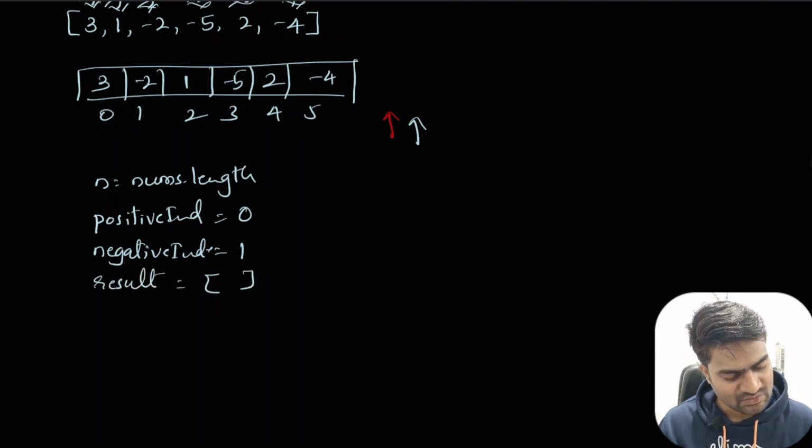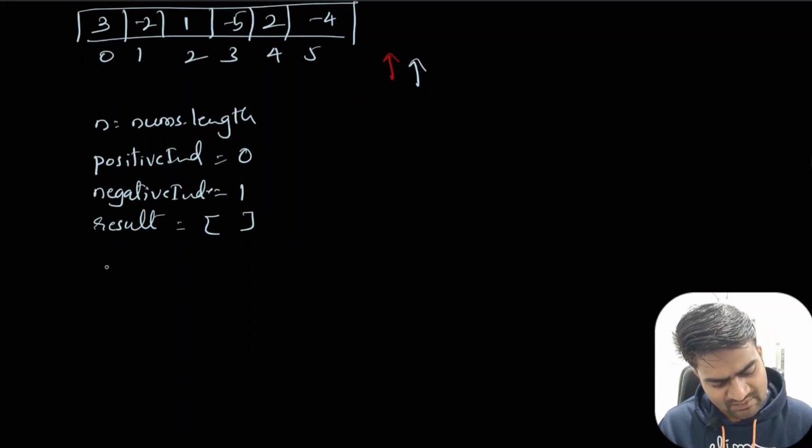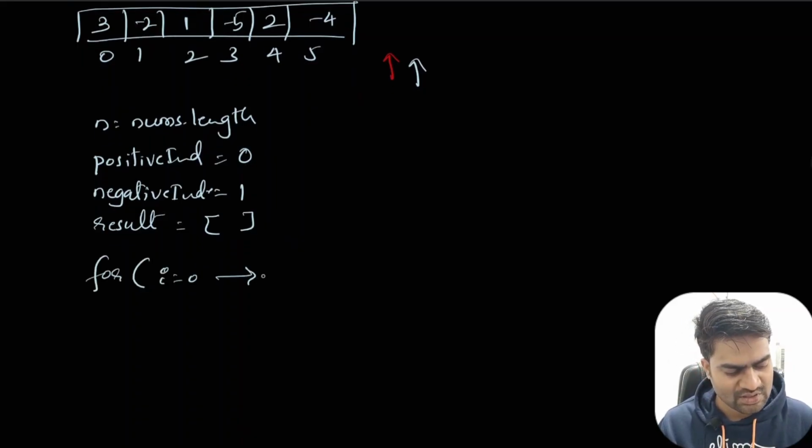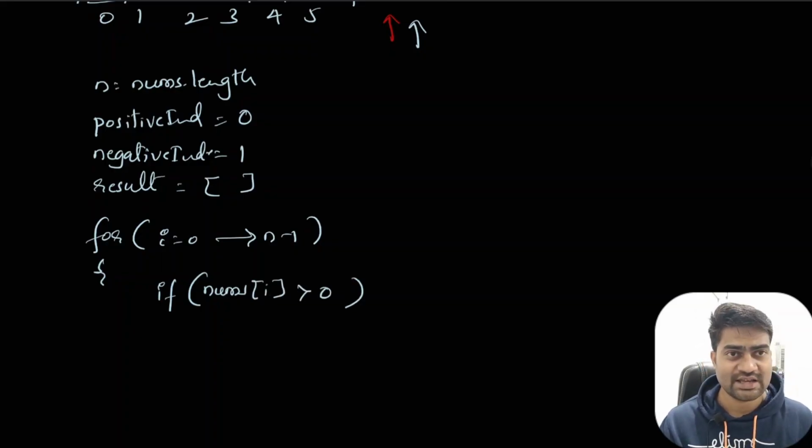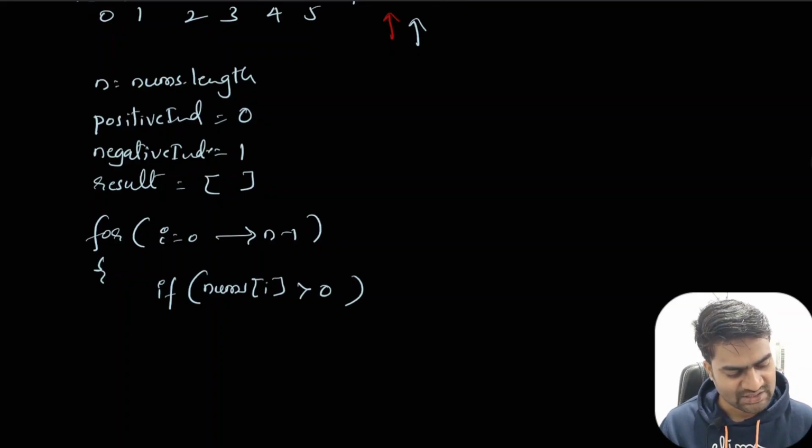Okay, so after this, what I will do, I will iterate over numbers for i equal to 0 to n minus 1. So if my nums of i is greater than 0, then it is a positive number. Correct, right?